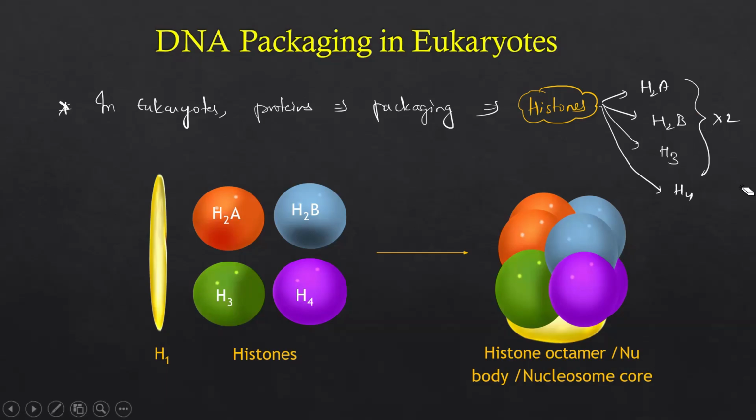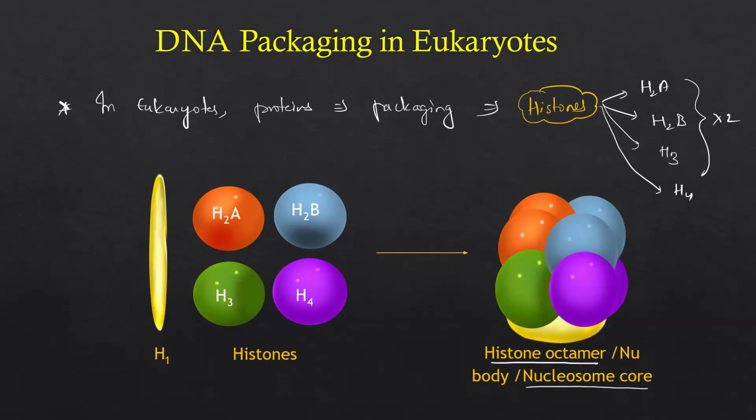All this makes a histone octamer, or you can say the nucleosome body, or the nucleosome core. And there is another histone protein, H1. I'll tell you the use of this H1 later. Understood?